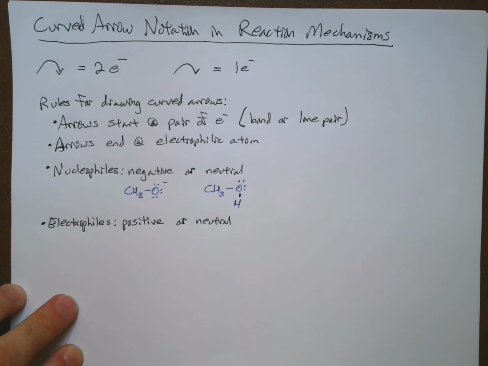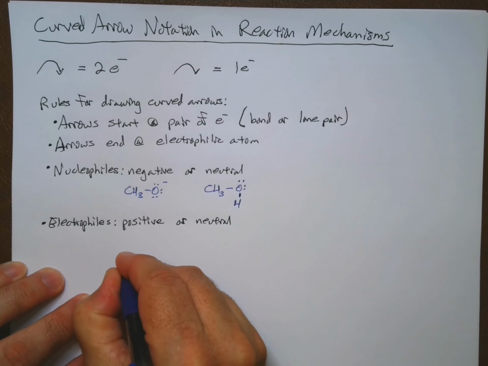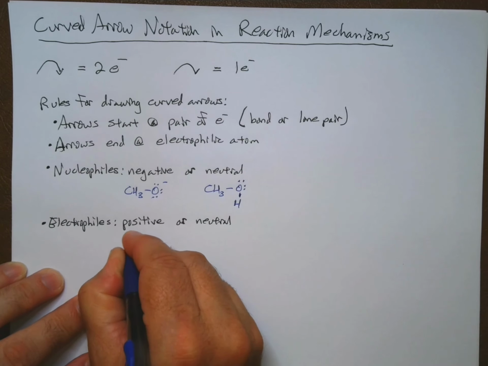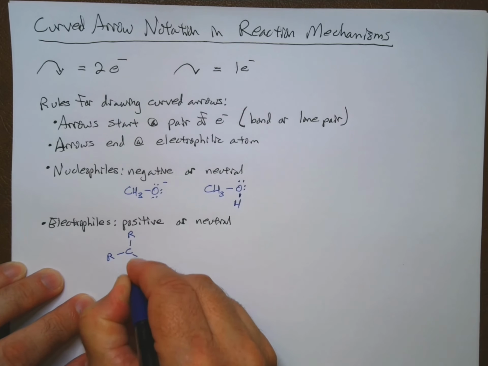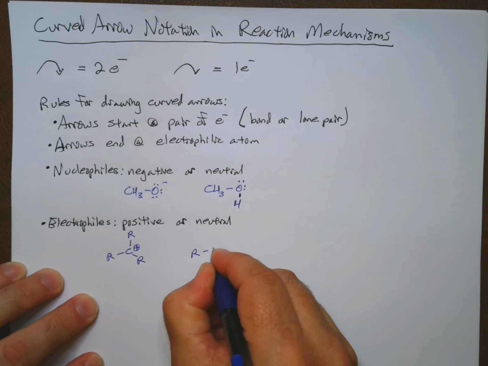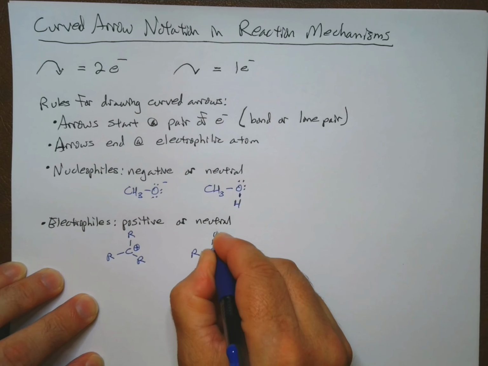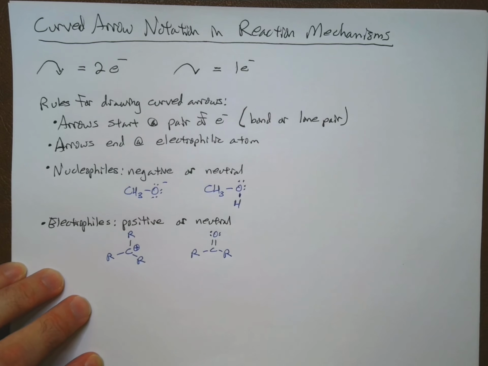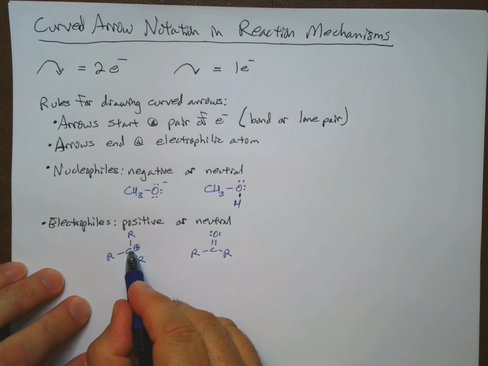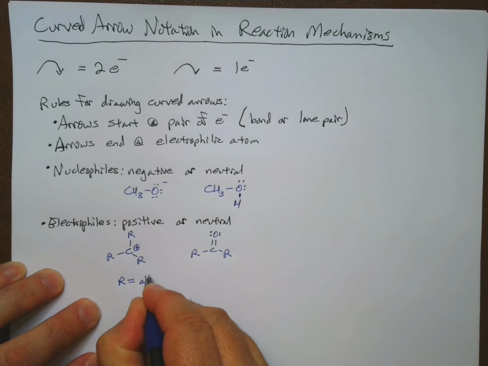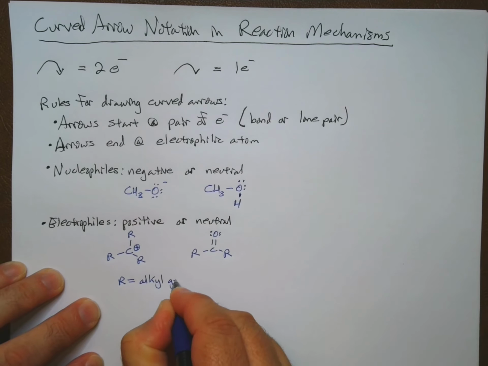So let me just maybe draw some electrophiles here. So we'll do C. I'm just going to use R to represent alkyl groups. Okay, here I have my electron deficient carbon, my carbocation. R equals alkyl group.